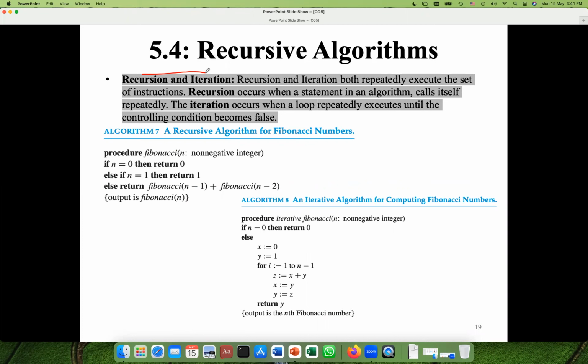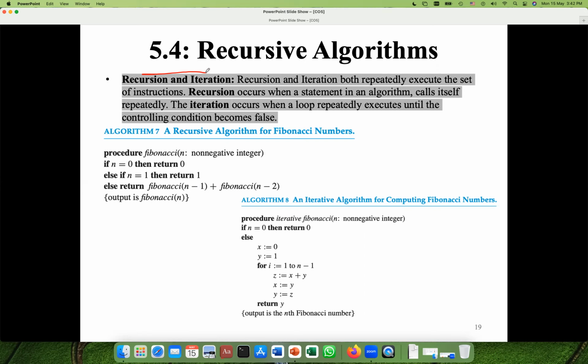Recursion and iteration we use when we want to do things repeatedly. This is one sentence which we can say. When we have things which we can solve by repeating that thing again and again, here we can use the recursion and also we can use the iteration.